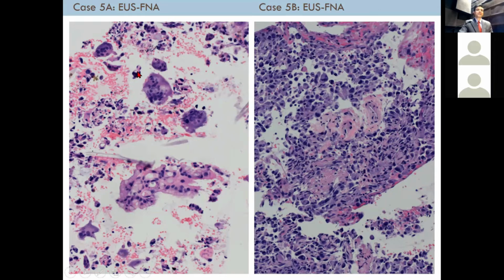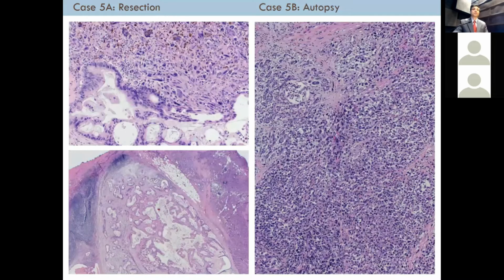The first patient actually underwent resection, and it's more than 5 years since diagnosis, and this patient is still alive. The other patient died within 4 months of diagnosis. The resection specimen in the first case, in addition to the osteoclast-like giant cell component of an undifferentiated carcinoma, showed conventional ductal adenocarcinoma.